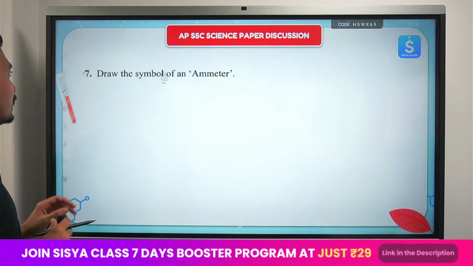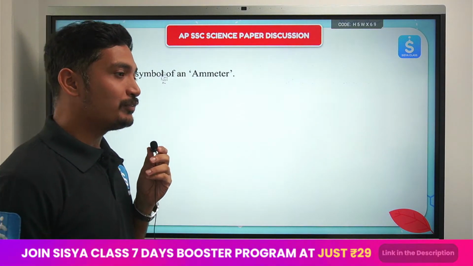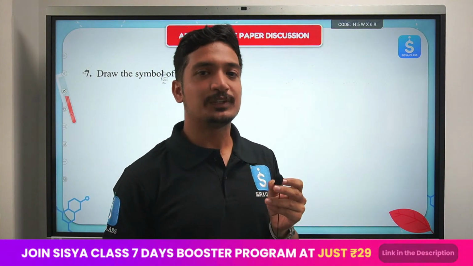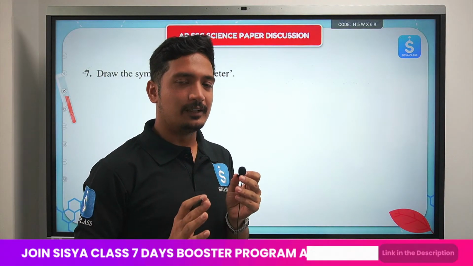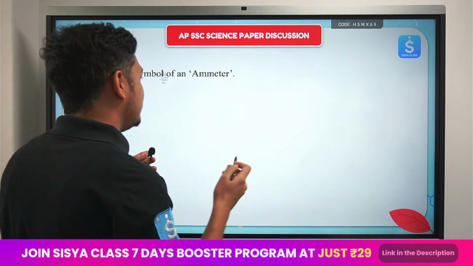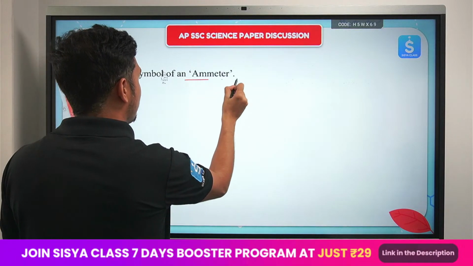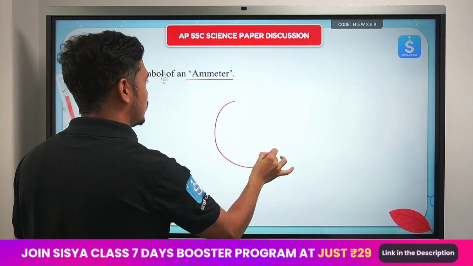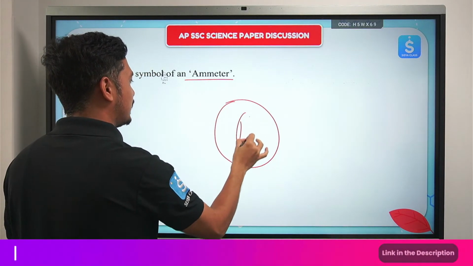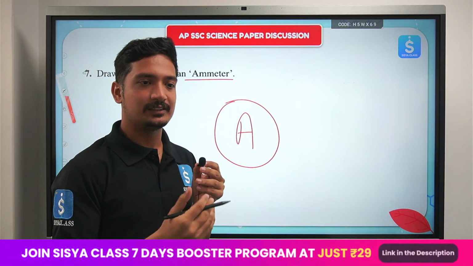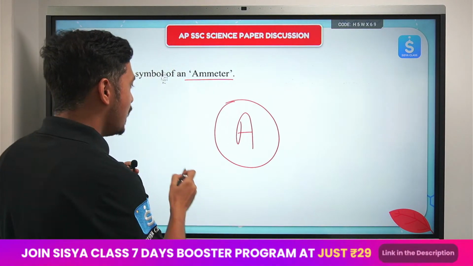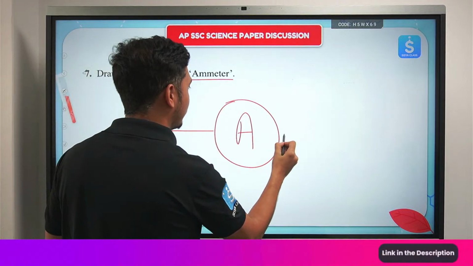Moving ahead. Now the next thing is draw the symbol of an ammeter. Now this is a question from electricity chapter, okay, and it's one of the easiest symbols to create. The symbol for ammeter is something like this. First you will start with a circle, and then you will write A. So A over here says that this device that you're connecting in the circuit is an ammeter. Followed by that, you'll have two wires connected.